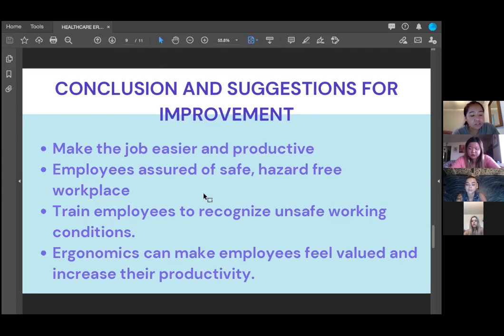Attention to ergonomics can make employees feel valued and more likely to be engaged and more productive. And lastly, with the proper body mechanics, healthcare workers can work effectively without using excessive energy and without hyperextending muscles and joints, avoiding musculoskeletal disorders. So that's it for our presentation today.